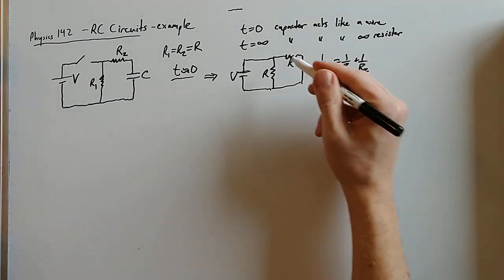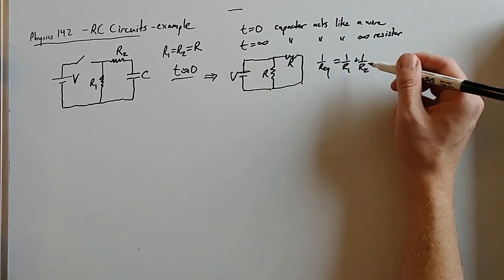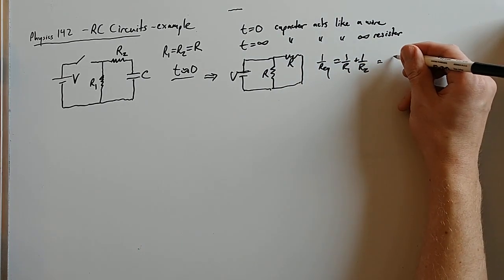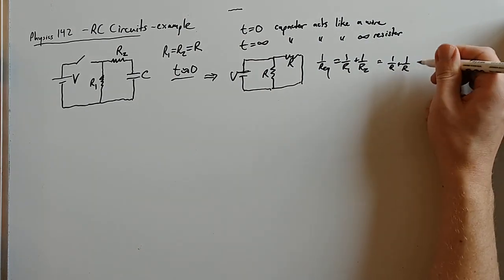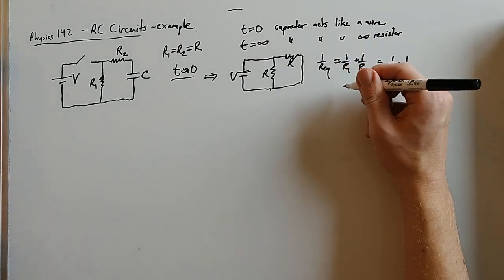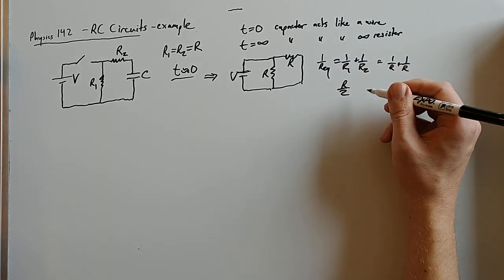And so in this case, if they're the same resistance, the equivalent resistance is going to be 1 over R plus 1 over R, which is 2 over R. And so we end up with R over 2 as our equivalent resistance.